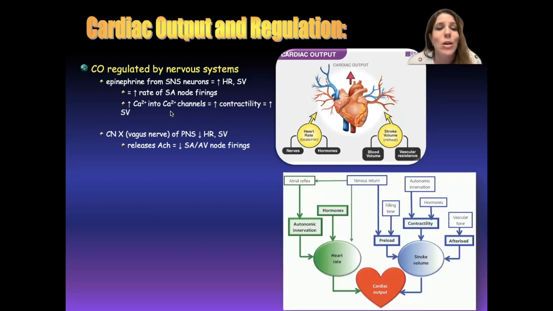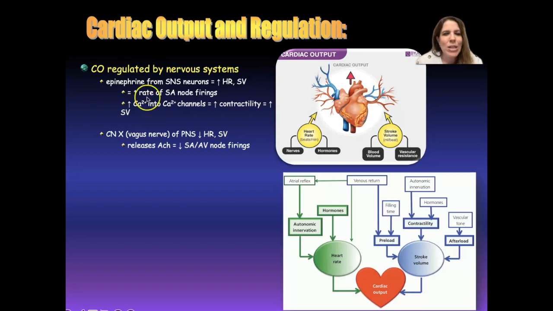So you increase your cardiac output. And along the way, recall that as you're propagating the action potential, you're also dealing with calcium. And calcium, as we said, with cardiac cells, is found more in the extracellular fluid than it is inside the sarcoplasmic reticulum.